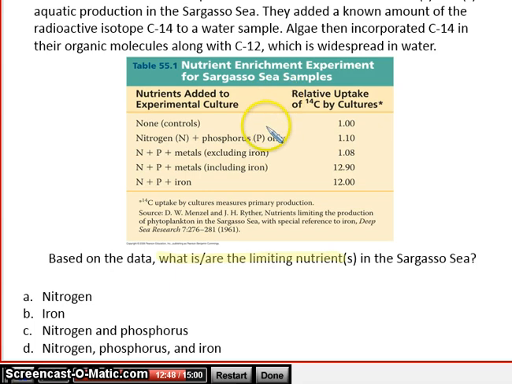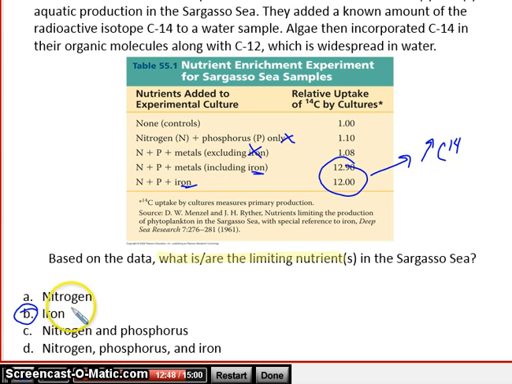If these over here, they're going to have a much higher carbon-14 uptake. Carbon-14, we can see from the graph. So when I look at this, which one is the limiting nutrient? You can see that this one has iron, this one has iron, this one does not have iron, this one does not have iron. This one can be fairly fast. We can say iron is a limiting nutrient.